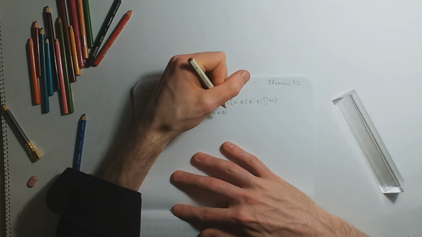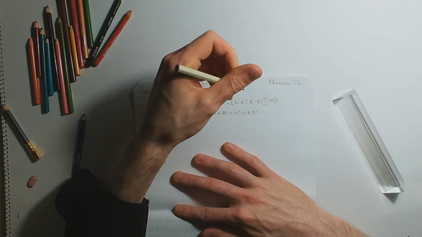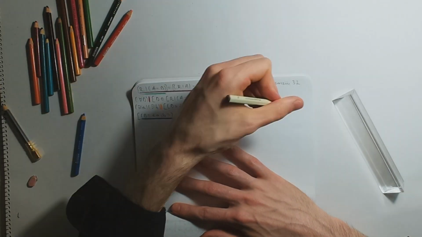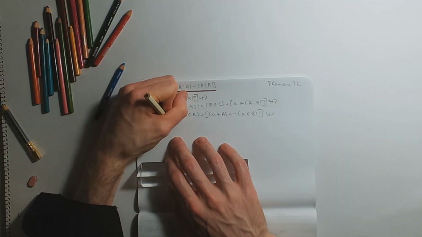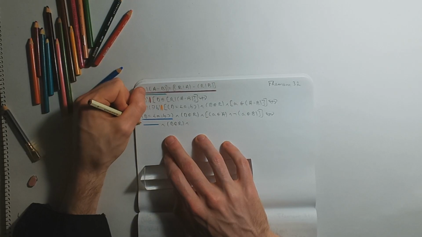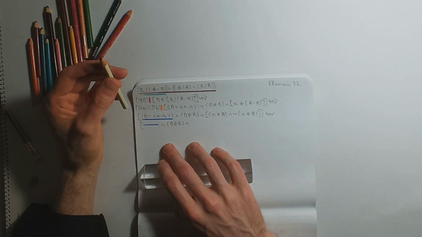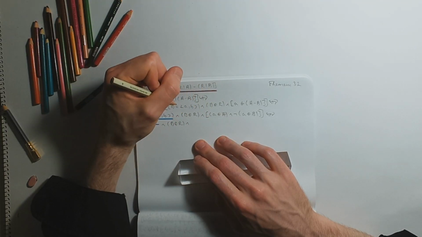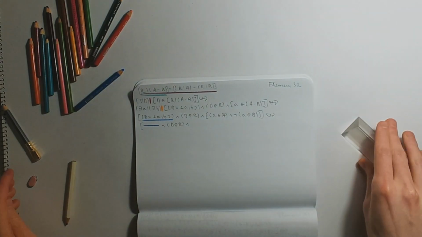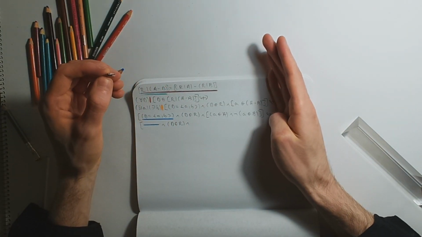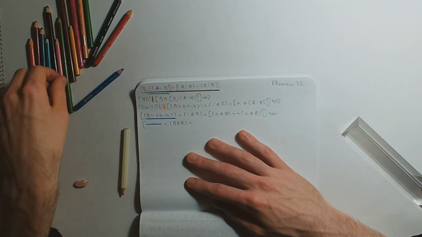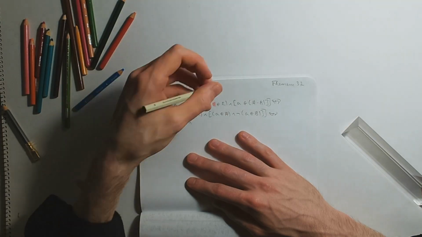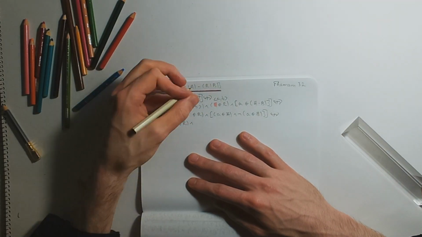And A is an element of A, and not A is an element of B. If and only if blue and D is an element of R, and the ordered pair AB is an element of R. Okay, I'll just put phi here.